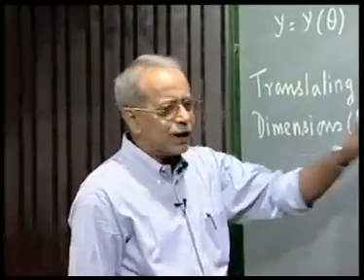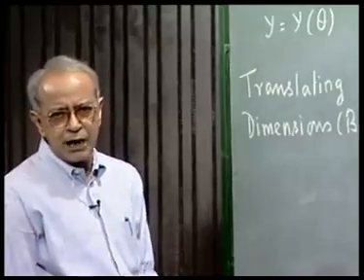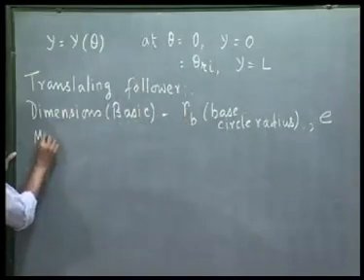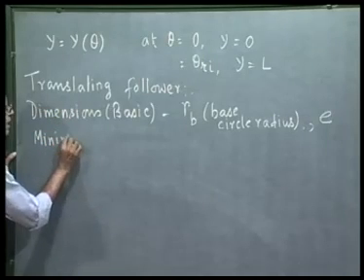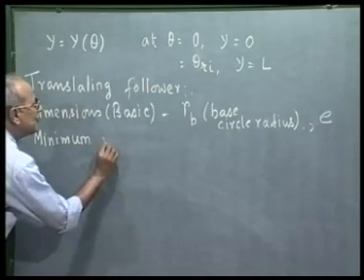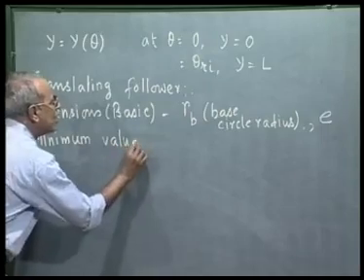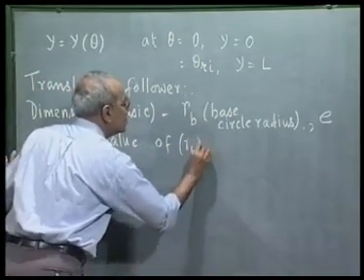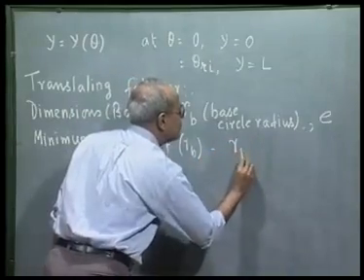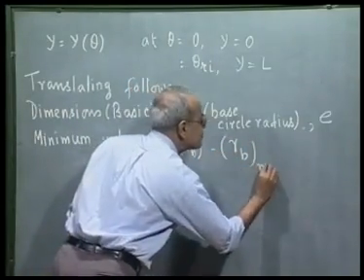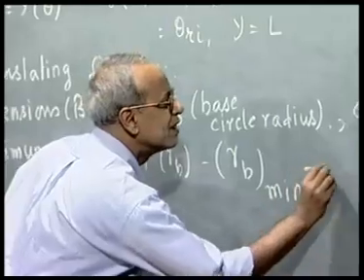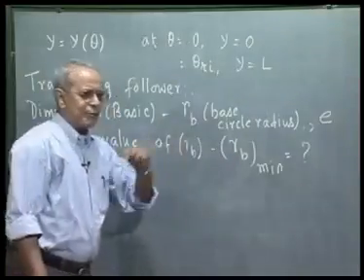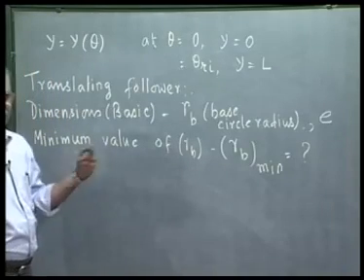However, we cannot choose this RB minimum arbitrarily. Let us see the minimum value of RB, which we call RB min. The minimum value of RB is decided by various considerations.